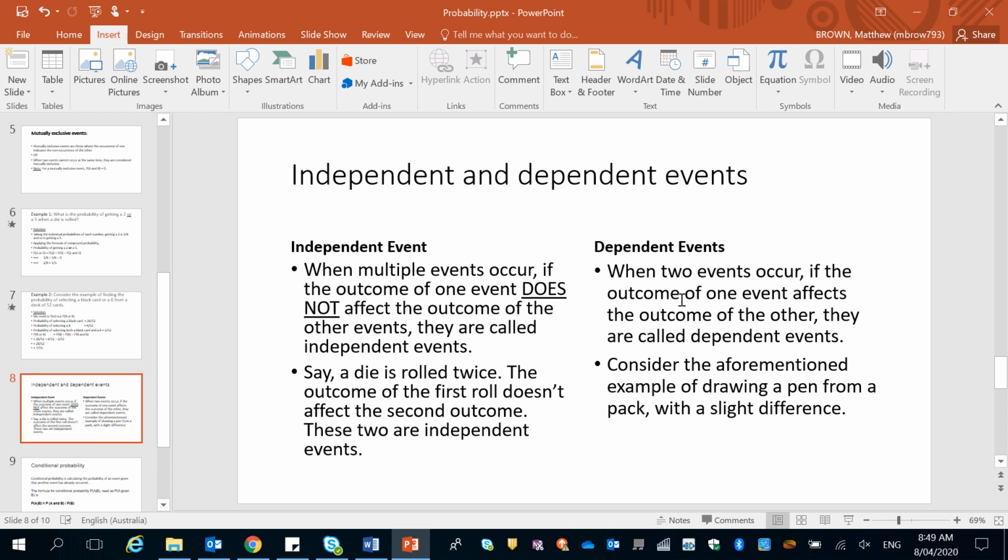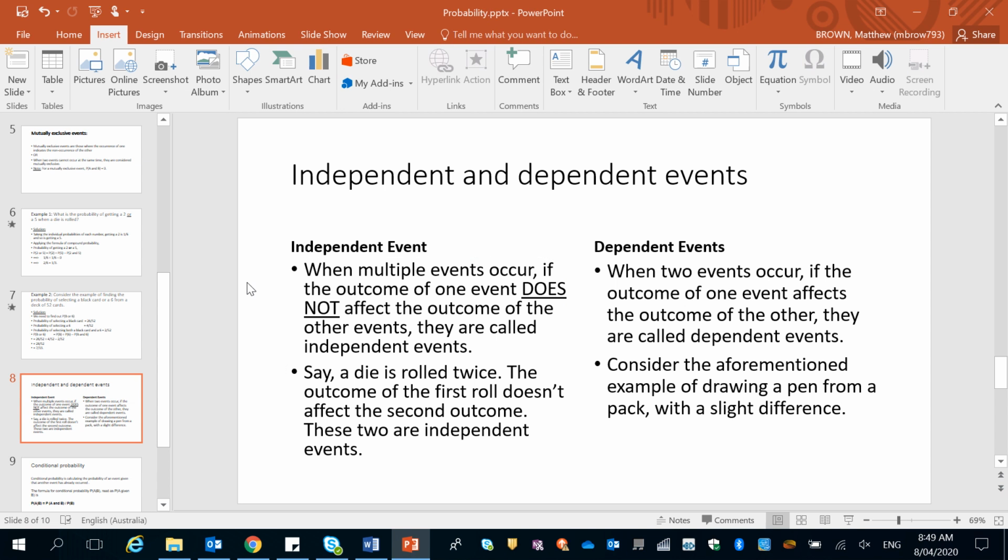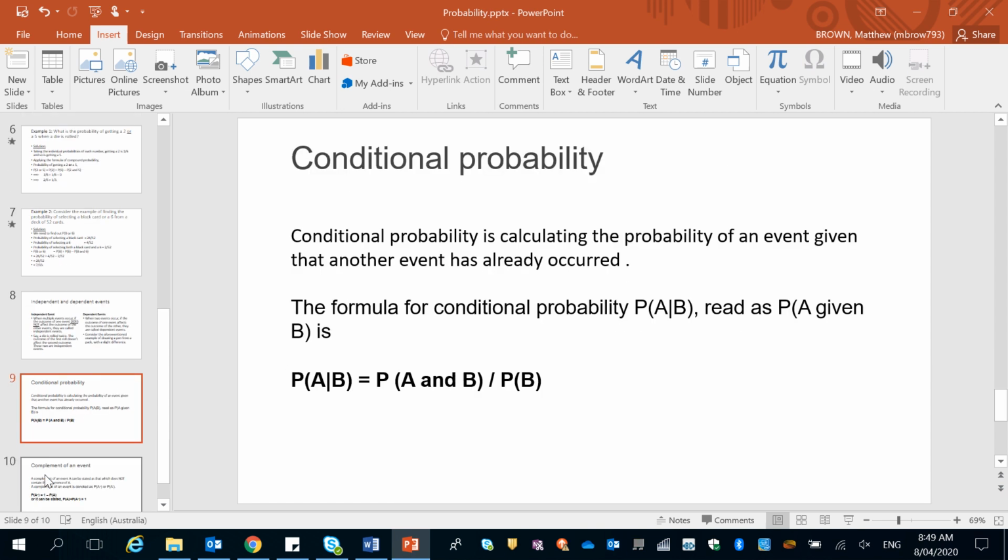Okay, so if a previous event affects the probability of an event occurring now, those events are dependent. For example, drawing cards out. If you leave the card out, then obviously the probability changes. Or rolling of dice are obviously independent. Conditional probability, so that if a probability of event A is different if B has already occurred, you need to consider this.